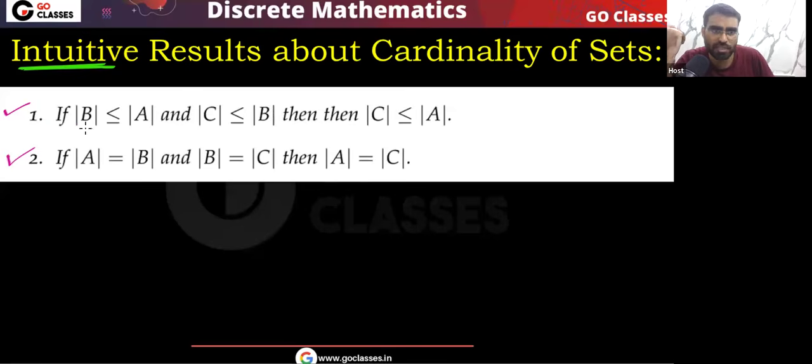If you want to prove that cardinality of B is less than or equal to cardinality of A, what do you need to do? You need to create an injective function from B to A. Just create at least one injective function from B to A. That automatically means cardinality of B is less than or equal to cardinality of A. So these are intuitive results about the cardinality of a set.